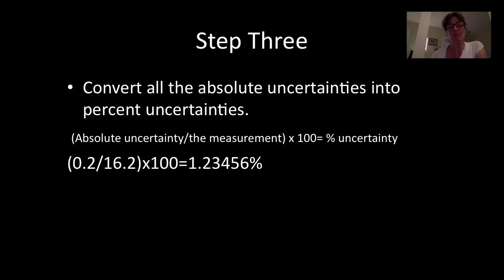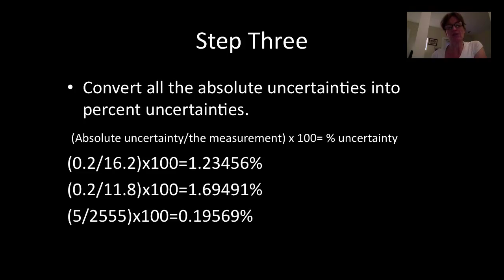I'm going to divide that by the first measurement, which is 16.2, and multiply that times 100. And I'm going to repeat this for each of the uncertainties. Now step 4, I'm going to add all of these uncertainties to get a new propagated uncertainty for my new calculated answer.